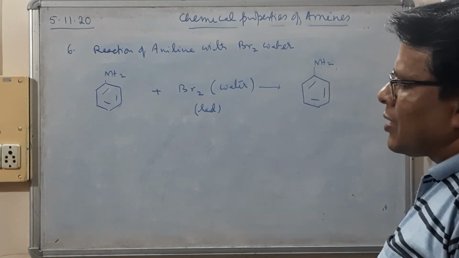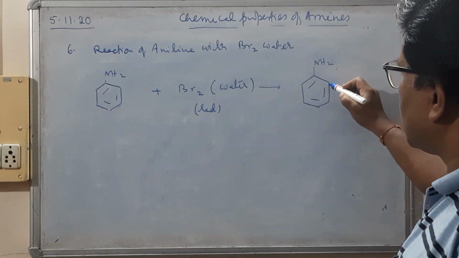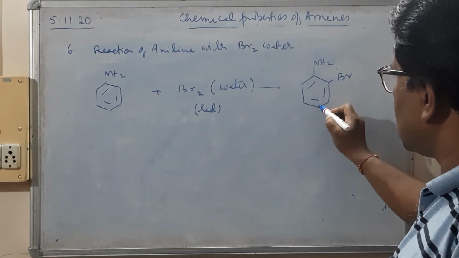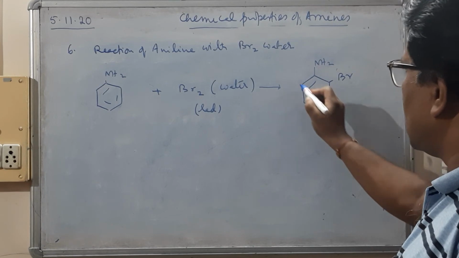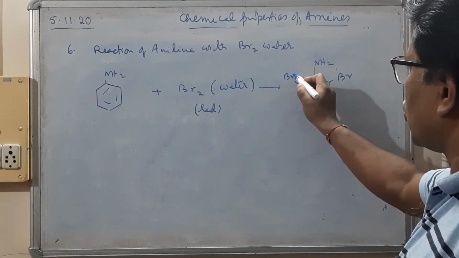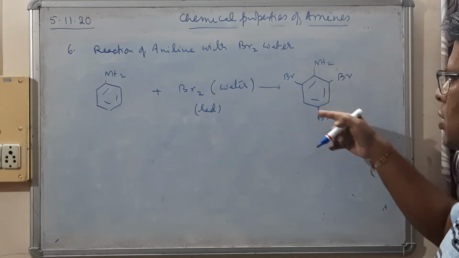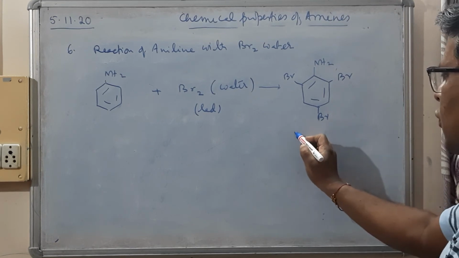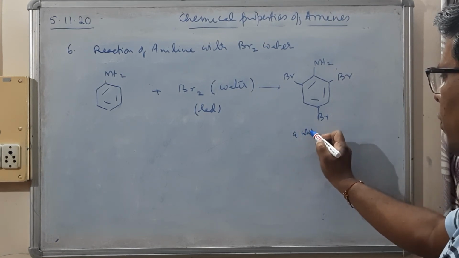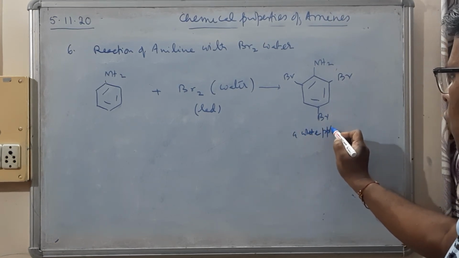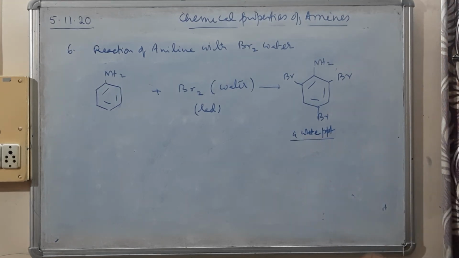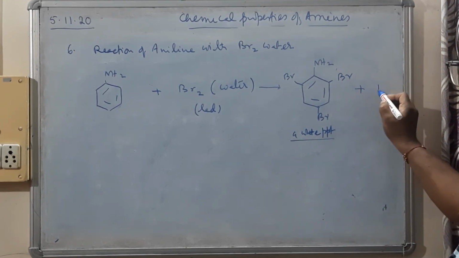There occurs tri-substitution. There is Br coming at ortho, also coming at para, also coming at the other ortho. And this is a white precipitate that is formed, and of course the side product will be HBr.